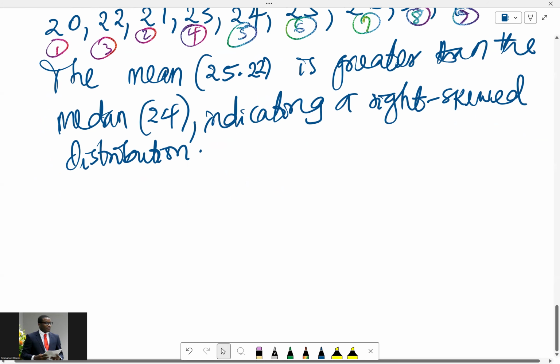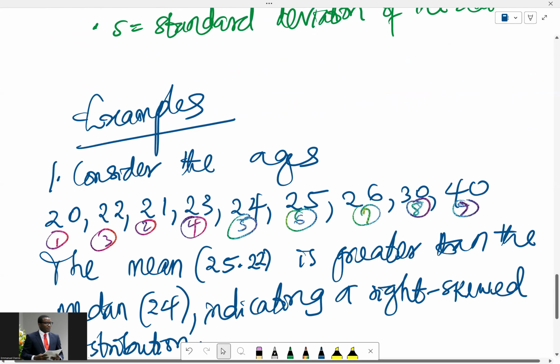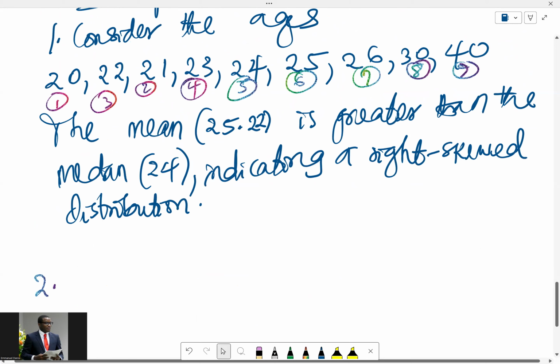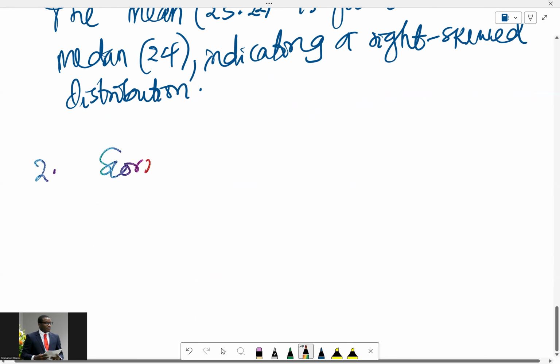Okay. So let's take example two. Example two, that can go with grouped data. Of course, maybe I shouldn't worry about naming whether it is grouped or not grouped. So here we have a score range, and we have frequency for that.